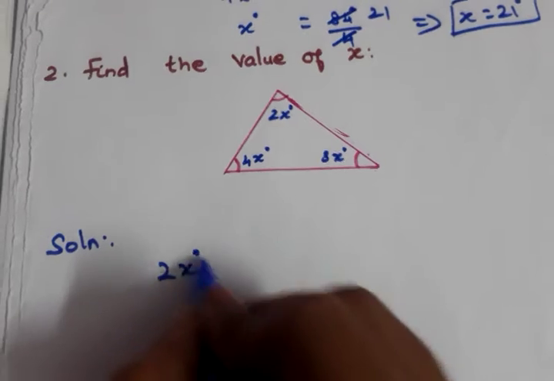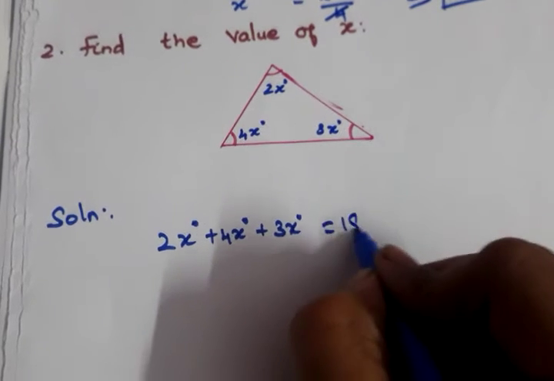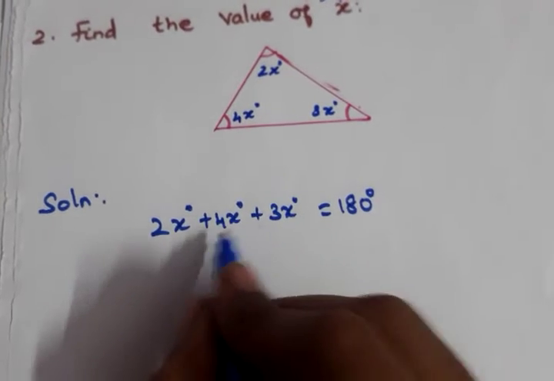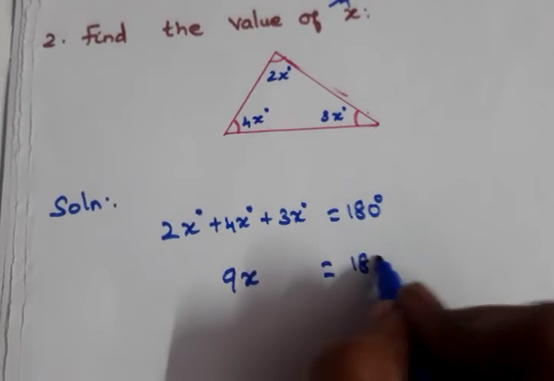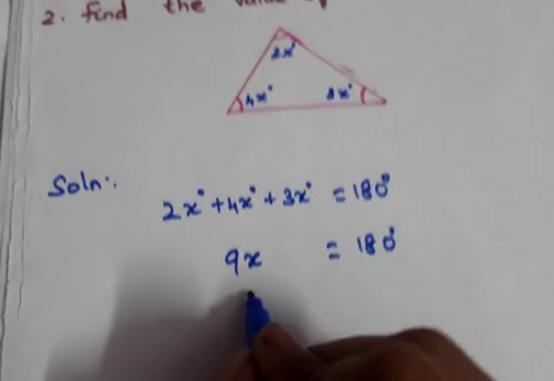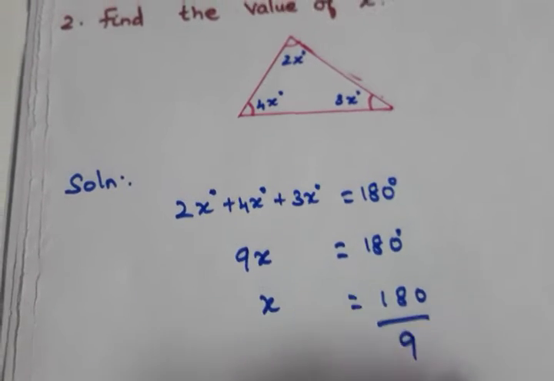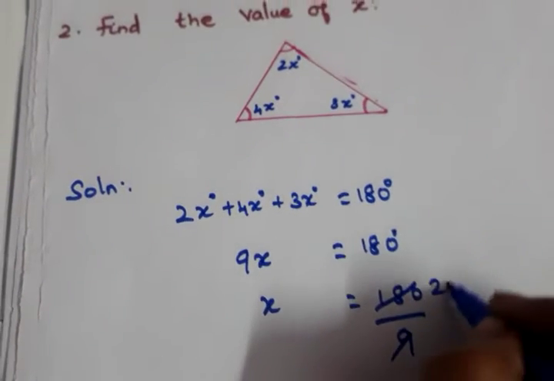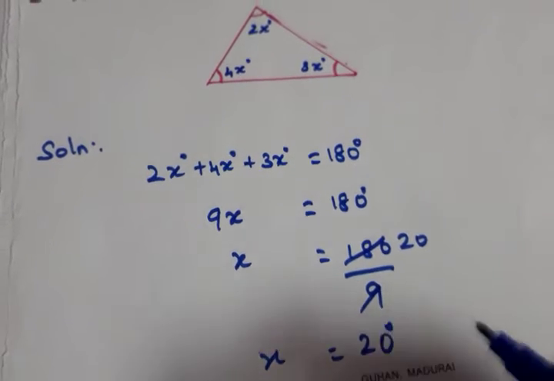So 2x plus 4x plus 3x: 2 plus 4 is 6, 6 plus 3 is 9x. So 9x equals 180. Multiplication transposes to division, so x equals 180 divided by 9. We got x equal to 20 degrees.